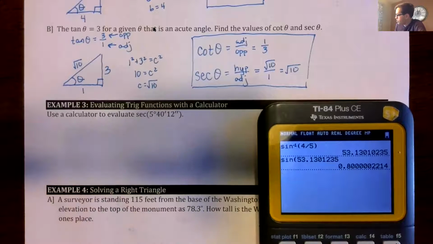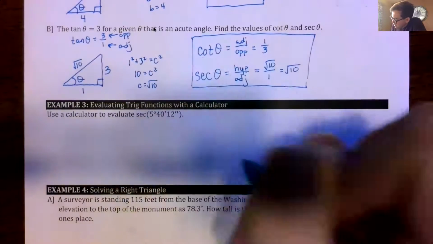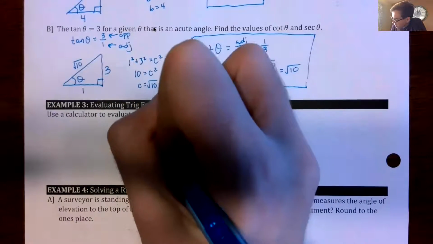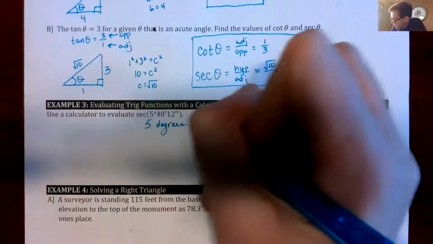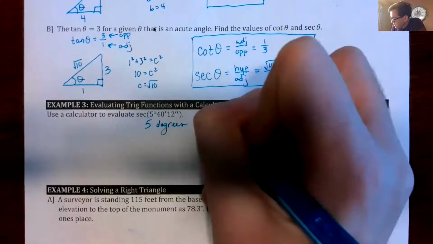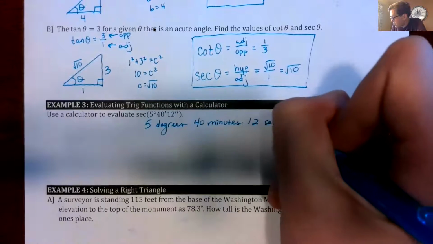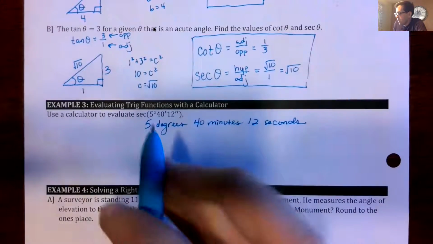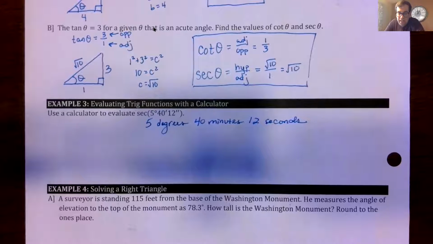This is an interesting question because it has the secant of what we are going to read as 5 degrees, 40 minutes, and 12 seconds. Degrees, minutes, seconds is a way to break down degrees in smaller pieces without using decimals.